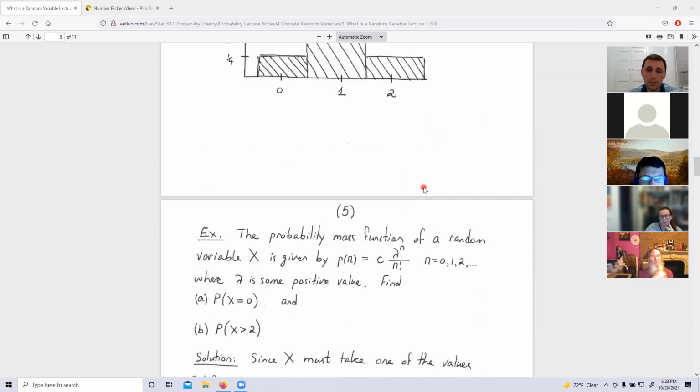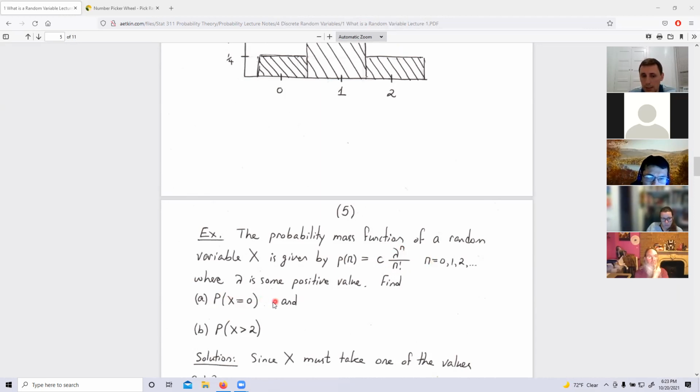And here is another example. Let's see if you can help me with it. So imagine that x takes the integers 0, 1, 2, 3, and onwards, and the probability with which it takes those integers is c, some number c, times lambda to the n over n factorial, right? Can you figure out what's the probability that x is equal to 0?